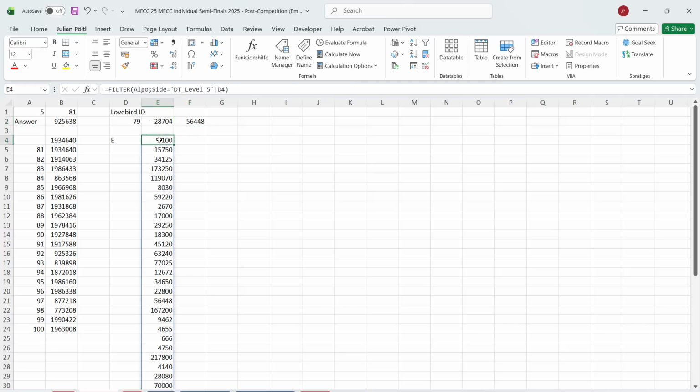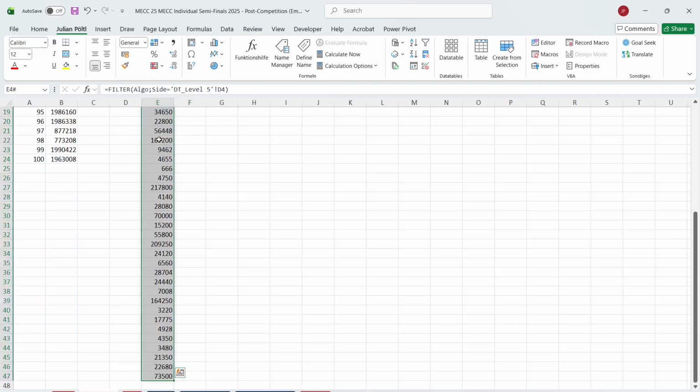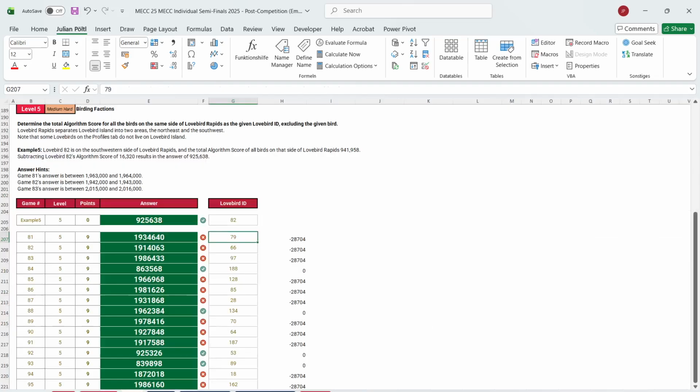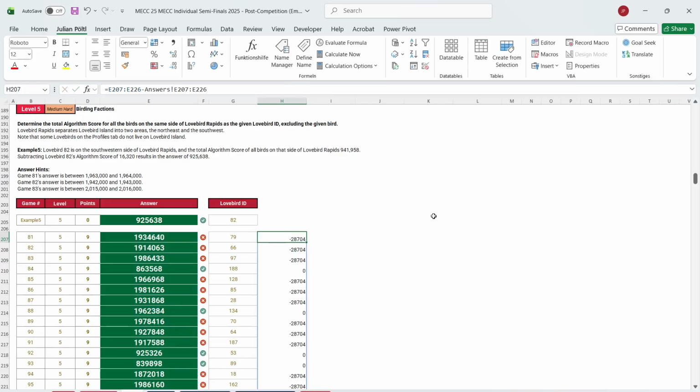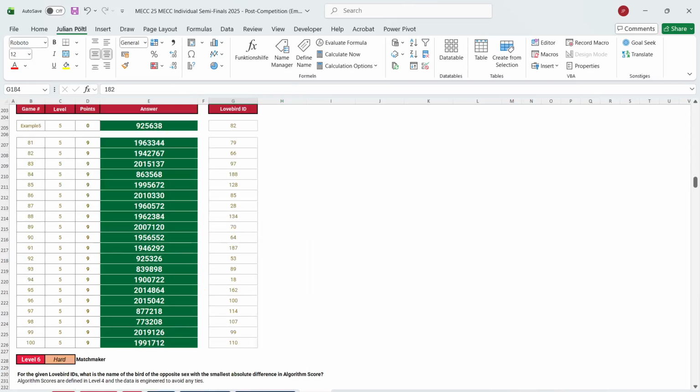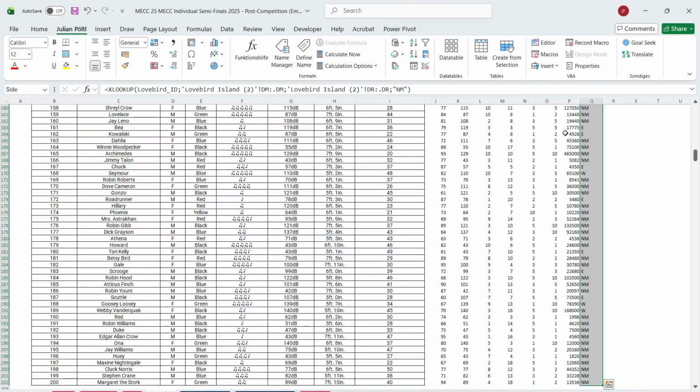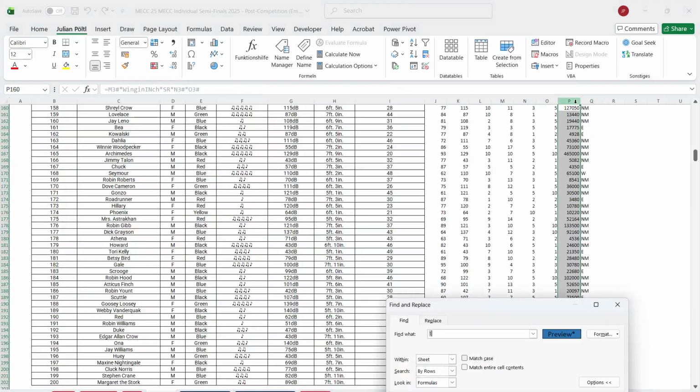So these are all the birds, and it's this minus this, so the second one is too high. Okay, I'm not sure why there's 28,704. Is there a bird with exactly this algorithmic score? 28,704.